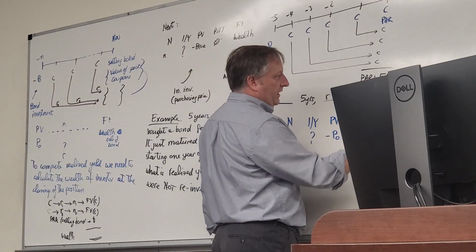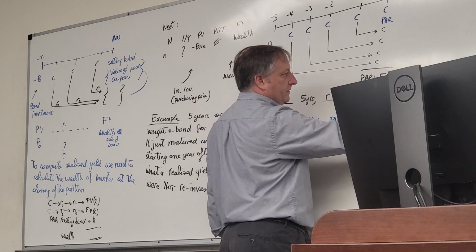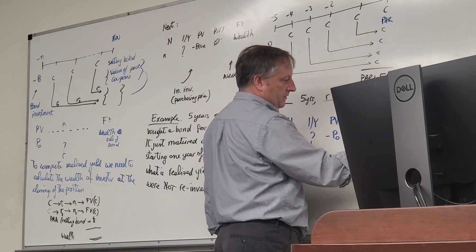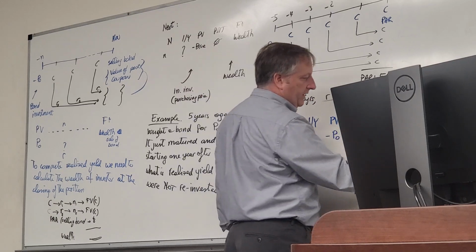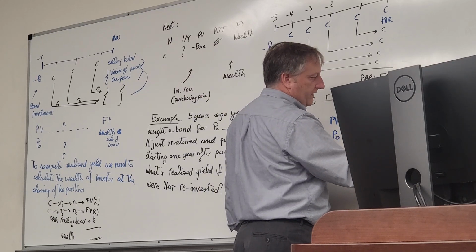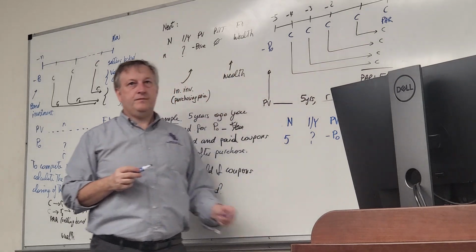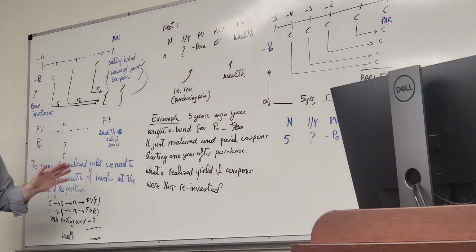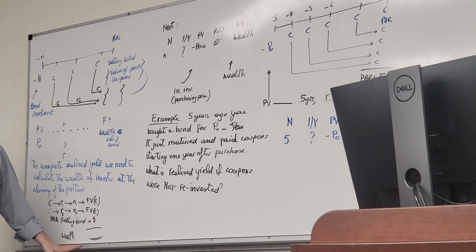And this is going to be your wealth, which in this case is par plus 5 times the coupons. Yeah? Questions? You good? Are you ready for one that is more involved?